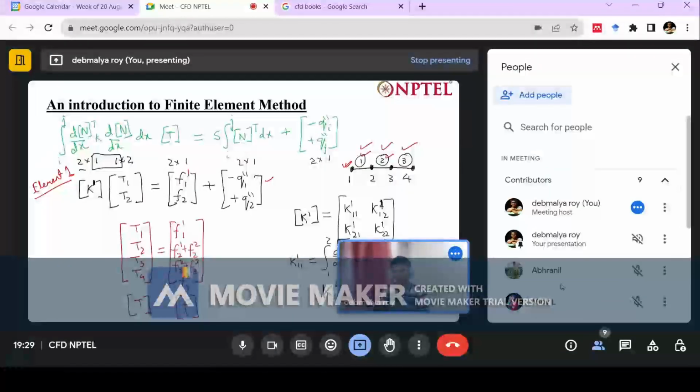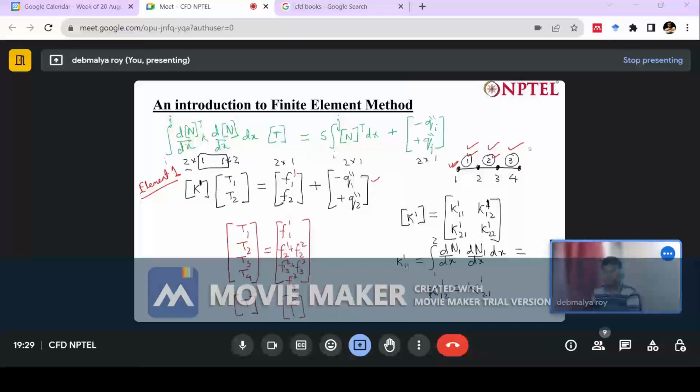So far we have written down our unknown matrix, and we have dealt with this F column vector. What about the fluxes, heat fluxes? You will see something interesting happen.